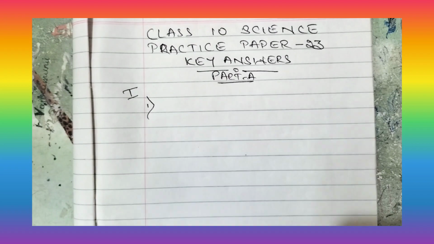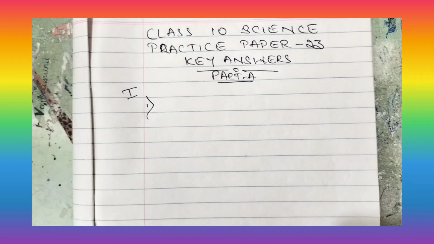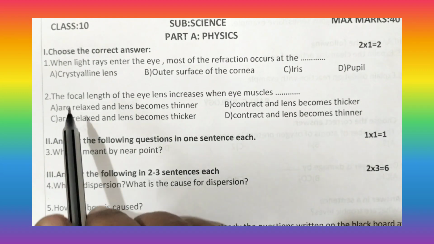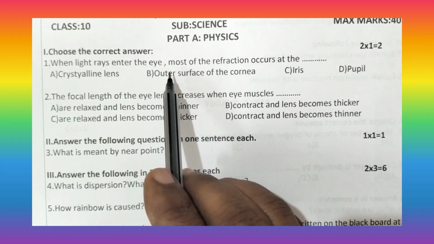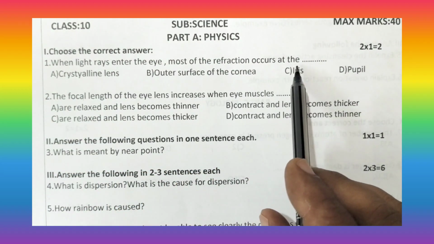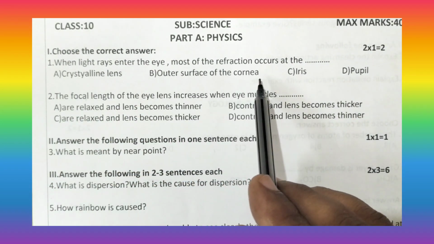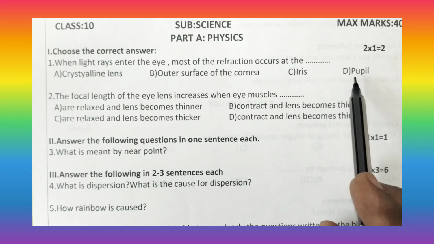So let us answer the first question related to physics. When light ray enters the eye, most of the refraction occurs at the dash: crystalline lens, outer surface of the cornea, iris, pupil.